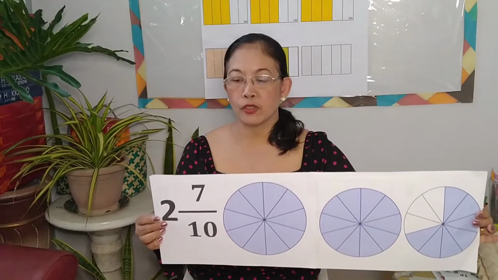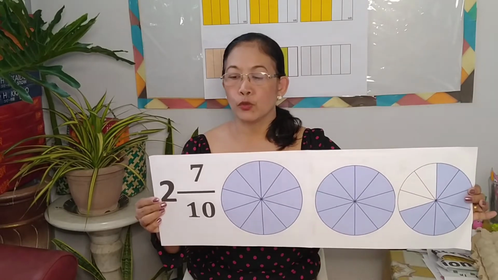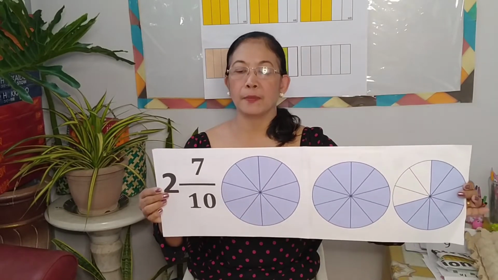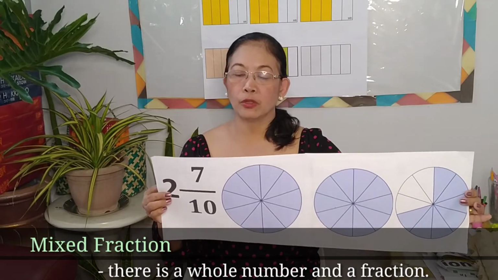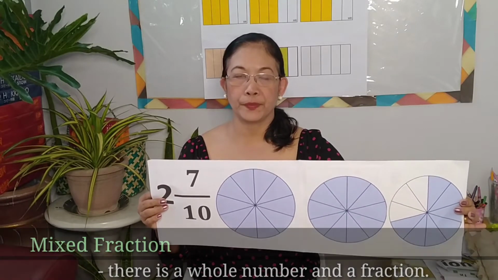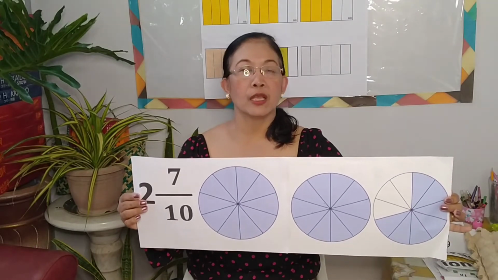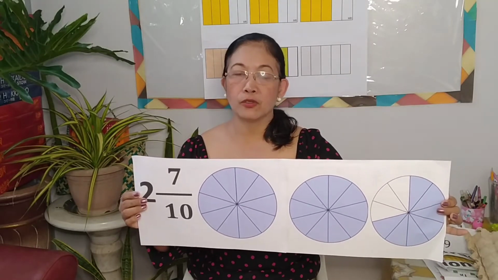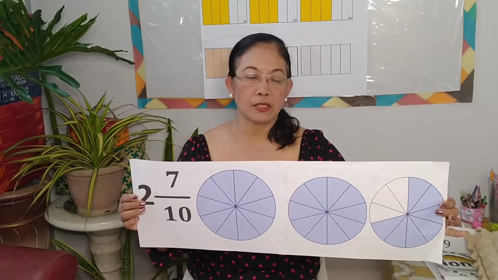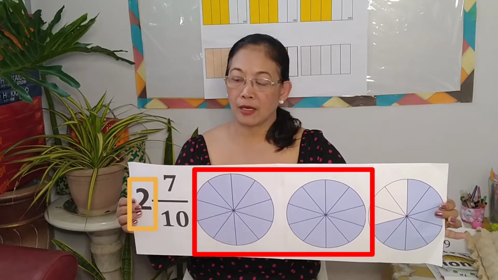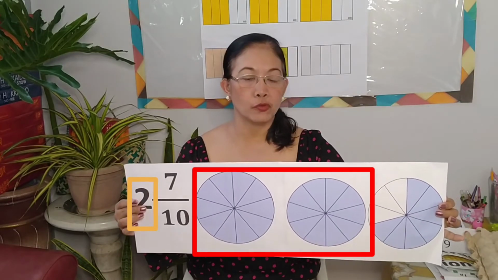I have here a fraction, 2 and 7/10. 2 and 7/10 is an example of a mixed fraction. There is a whole number and a fraction. I have here 3 circles divided equally into 10 equal parts. Then the 2 circles are shaded entirely, which represents the whole number 2.